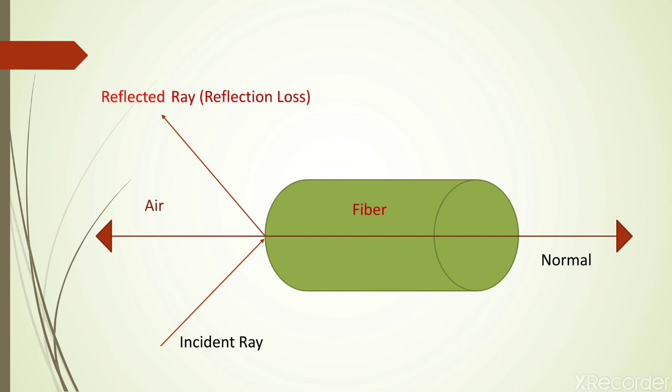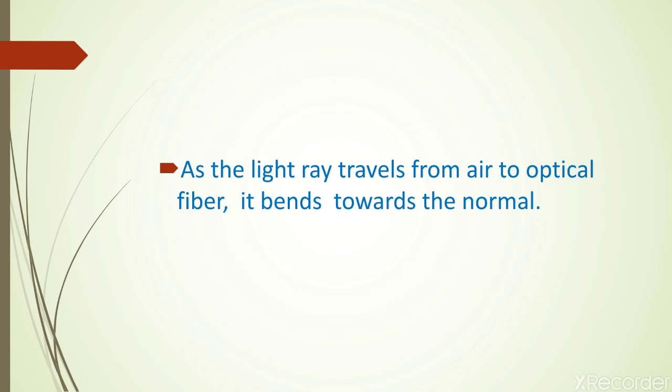And a fraction of the incident energy is reflected back. This reflected energy is represented by reflected ray. So we don't want to have this reflection ray over here because of the reflection loss. The reflection loss will take place in this particular case.